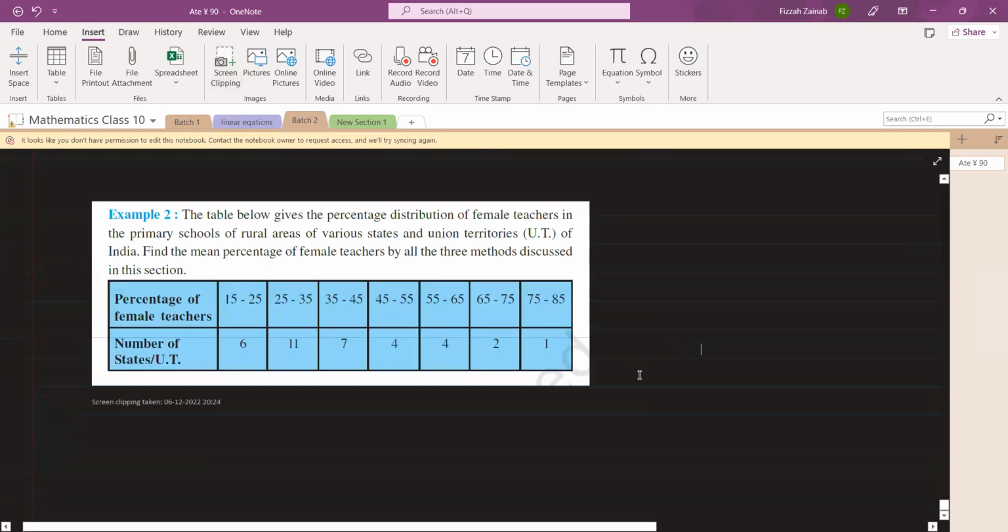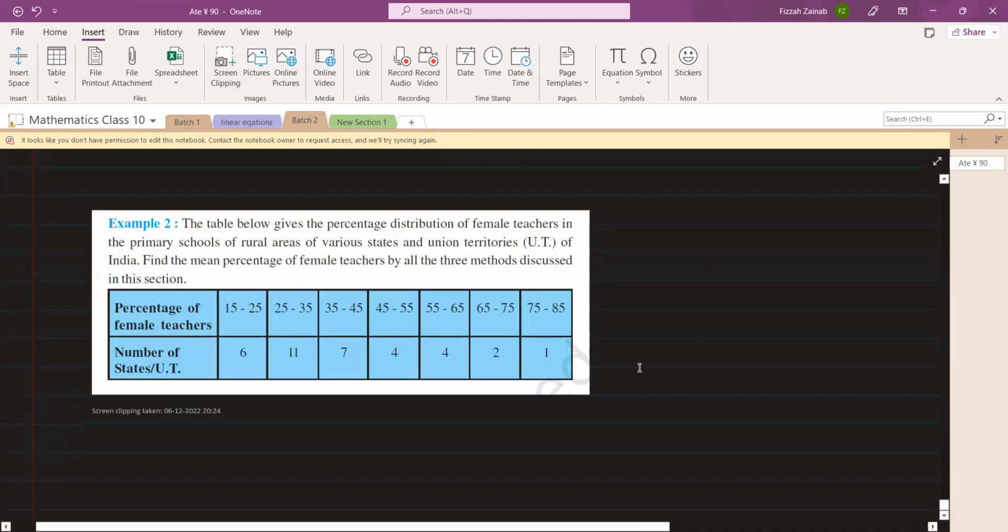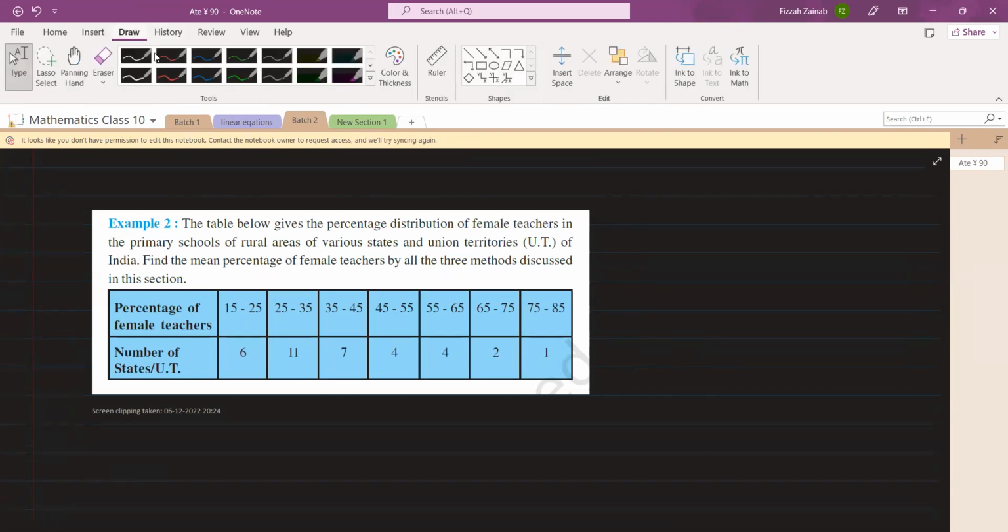Okay, this is the given table to you. So this is a table in which percentage of female teachers is given and the number of states and UTs are given. Now find the mean percentage of female teachers by all the three methods discussed in this section.